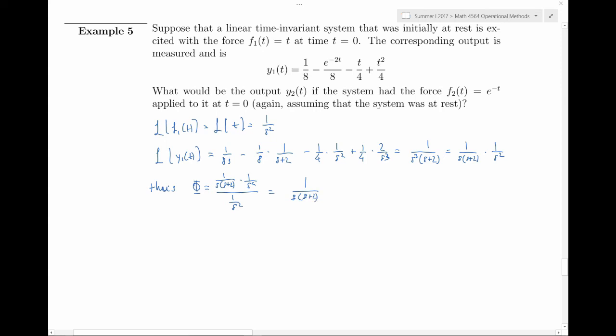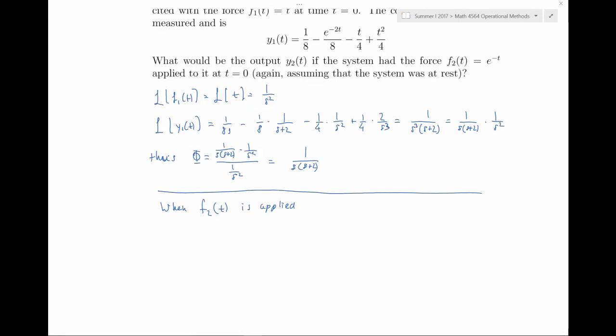Having determined the system transfer function, we can now determine the output when the forcing changed. We can compute the output by applying the system transfer function to the Laplace transform of f2 of t, which is simply the Laplace transform of e to the minus t, which is 1 over s plus 1.